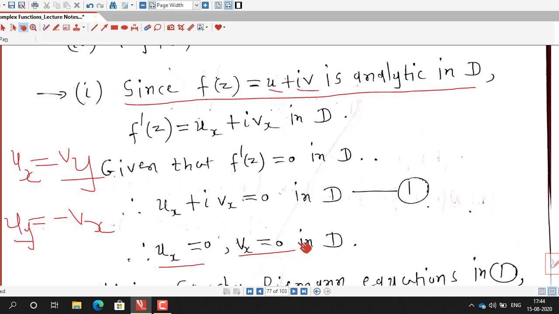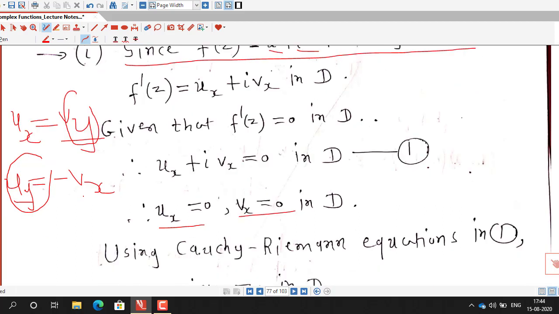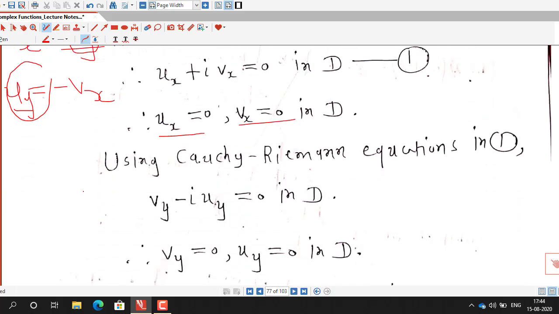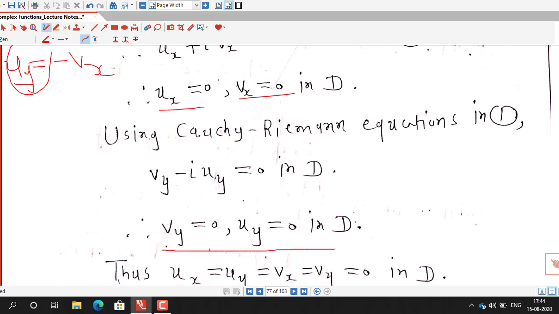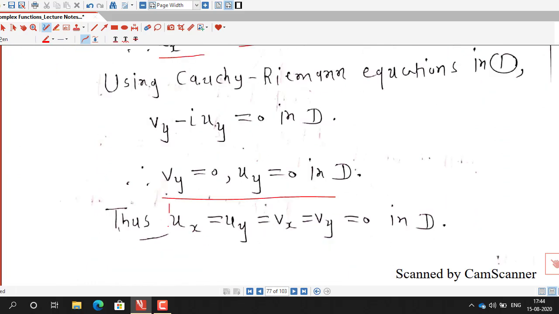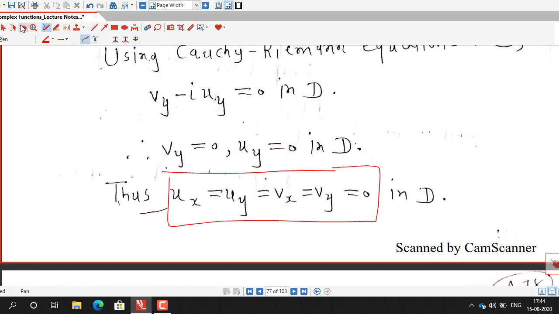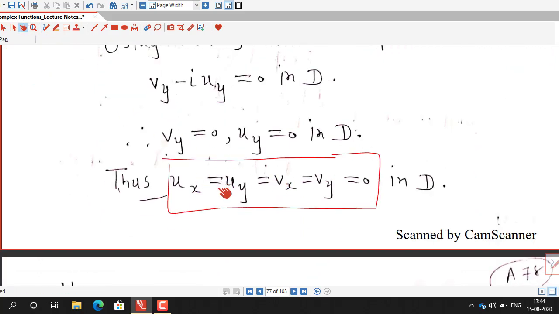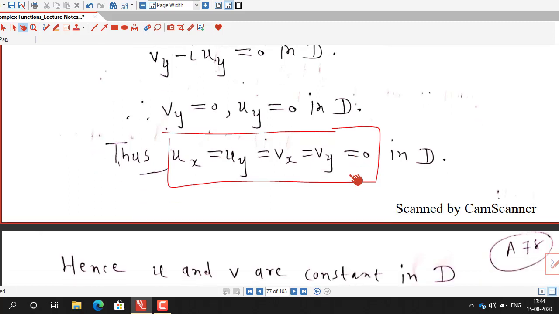in a domain D. So using Cauchy-Riemann equations, we obtain these two also 0, del v by del y and del u by del y. Okay, so what we obtain, partial derivatives of u and v with respect to x and y are 0 at every point in a domain D. This we obtain using Cauchy-Riemann equations.